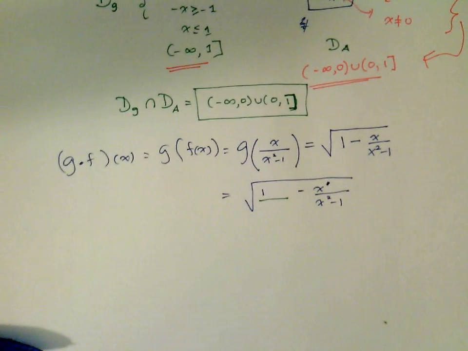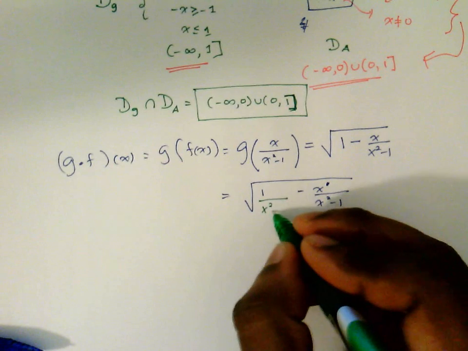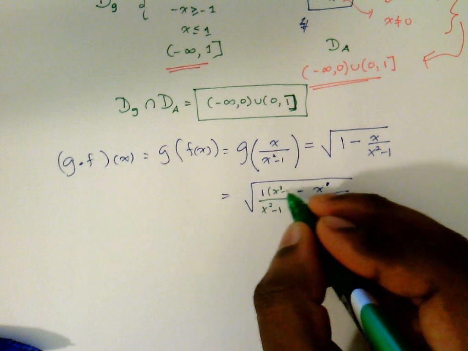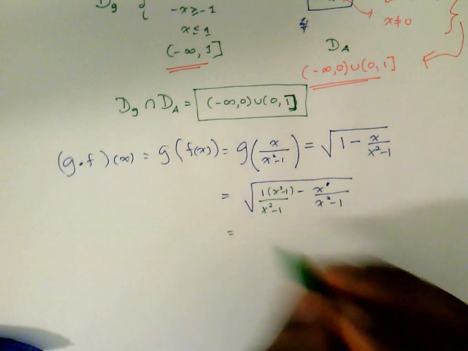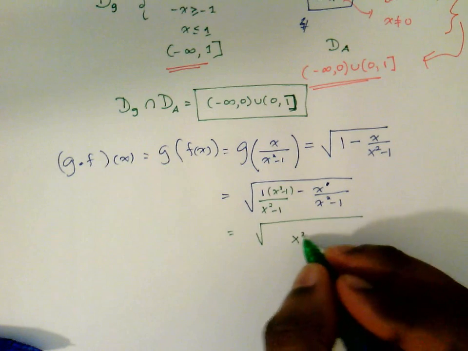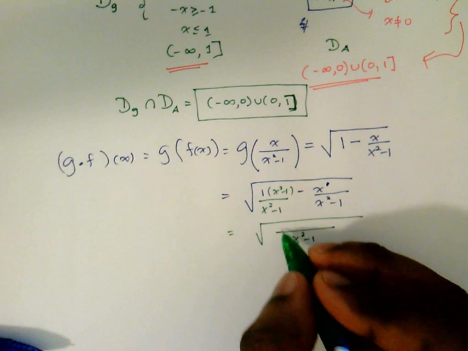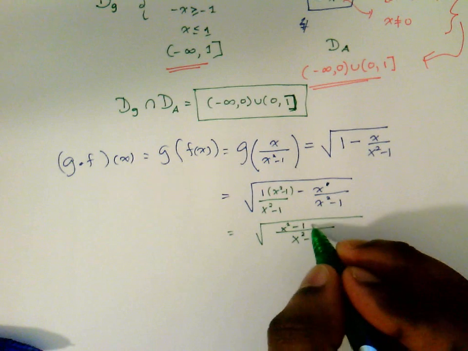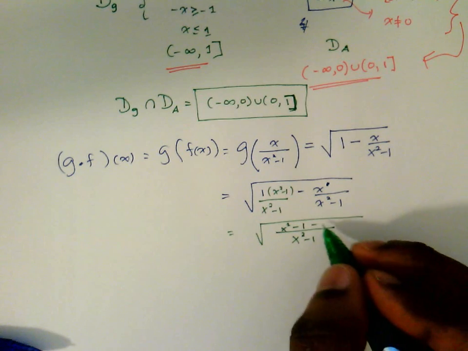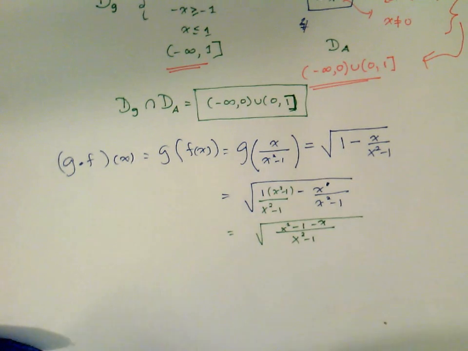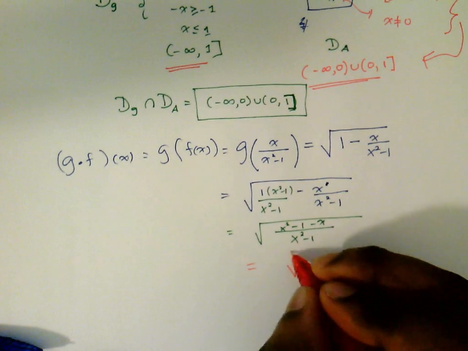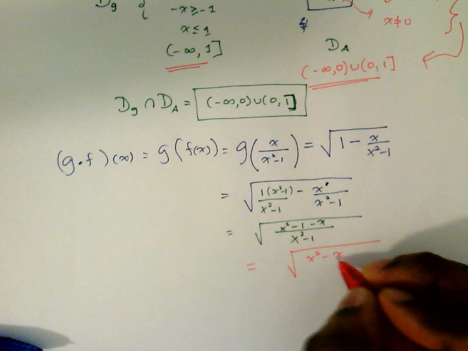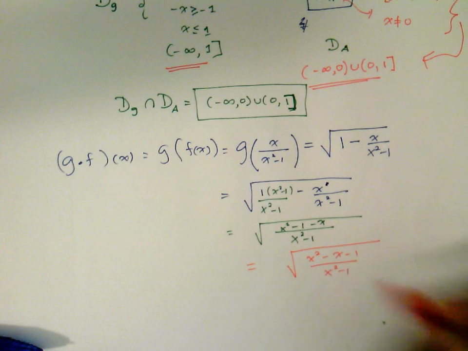Okay, so let's use the square root. So x minus 1, I would do x squared. So now I can do x squared minus 1 and x squared minus 1 minus x. Now with this, that's square root of x squared minus x minus 1 over x squared minus 1.